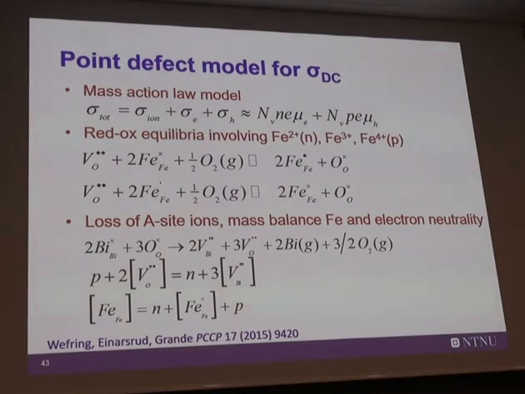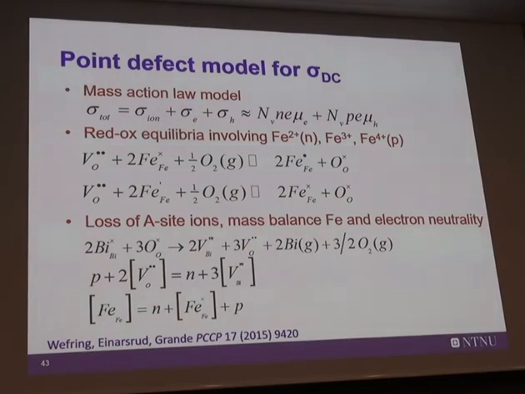Then we put up the two equations, sorry for the symbols that disappeared. These are the two equations with the redox equilibria involving iron. Then we have a loss of A-site, so we have to take that into account. Then we have the charge neutrality principle, so this is the charge balance and electron neutrality. And then we also have a mass balance for iron, for the three different valence states.